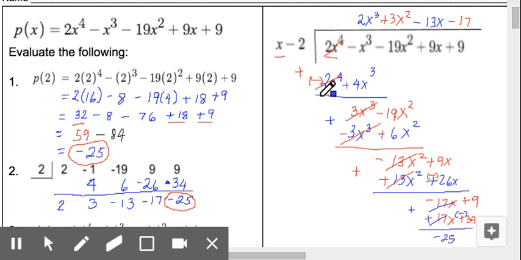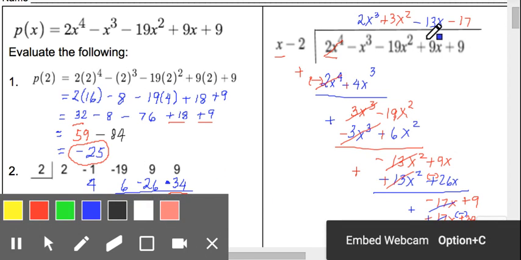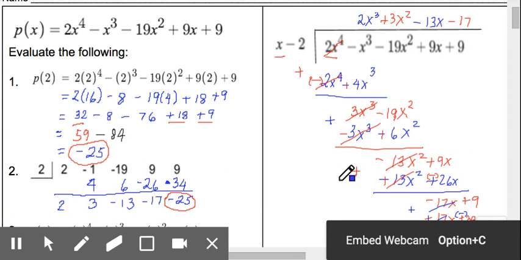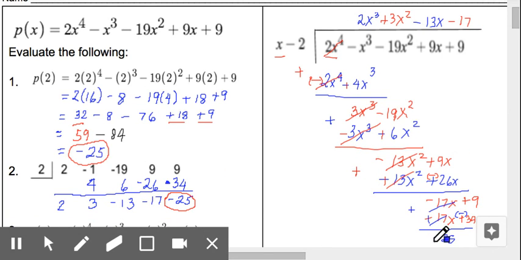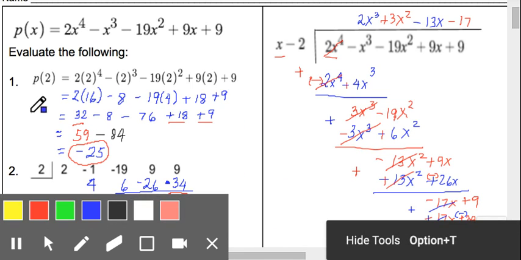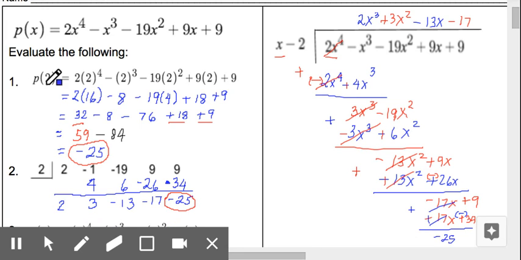So again, this is the dividend, this is the divisor, this is the quotient, and negative 25 down here is the remainder. Now, what do we notice here? When we find the value of p when x is 2, we get negative 25.